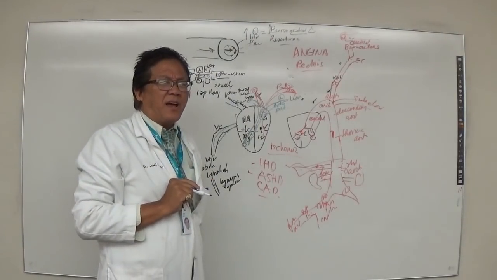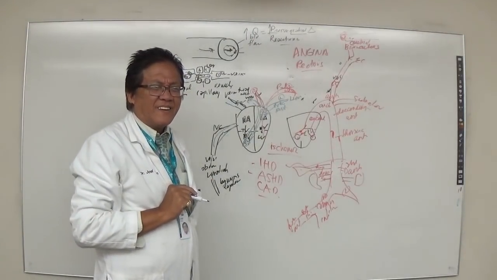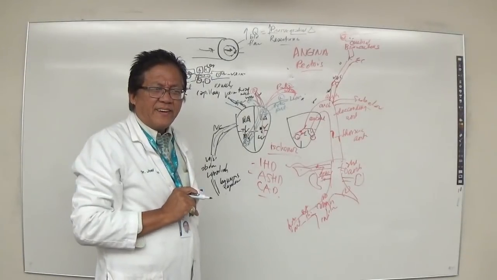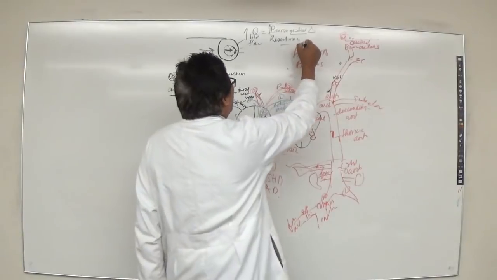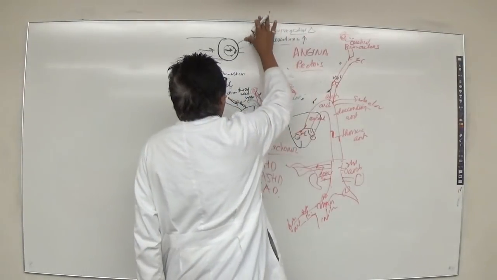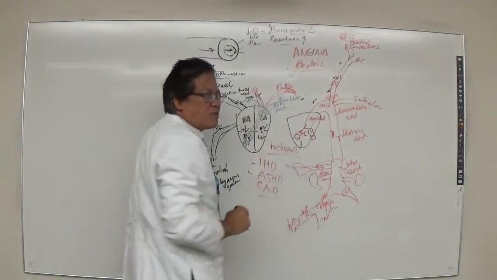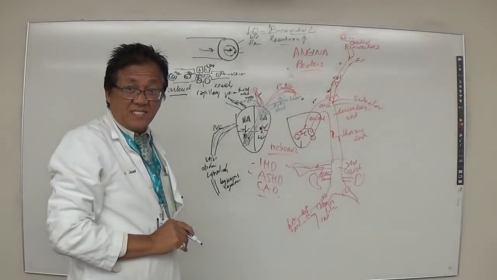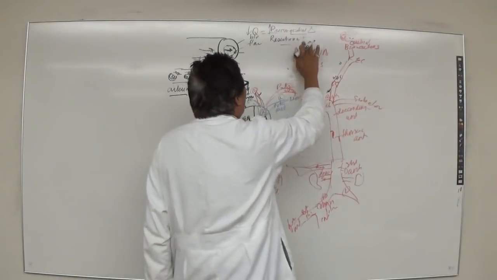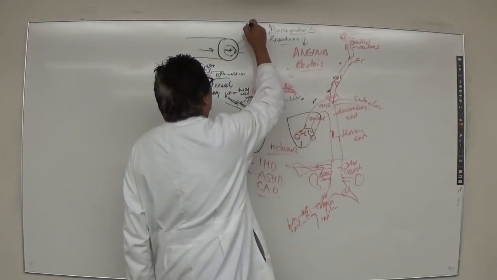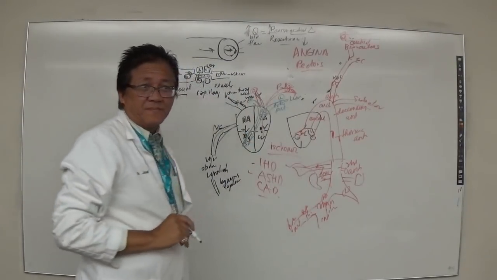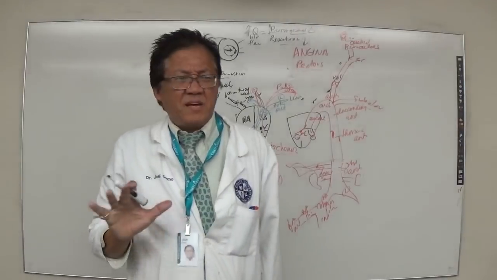Inverse. What does inverse mean? If you increase resistance, what happens to the blood flow? It goes down. On the other hand, if you lower resistance, the blood flow goes up. Does that make sense?